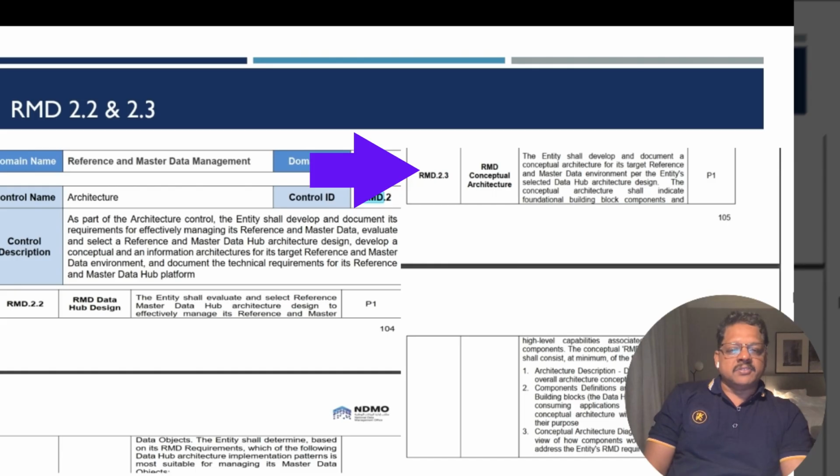The conceptual architecture shall indicate foundational building blocks, components, and high level capabilities associated with the components.